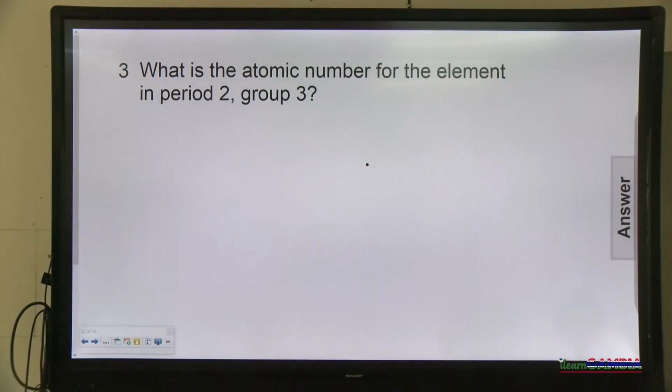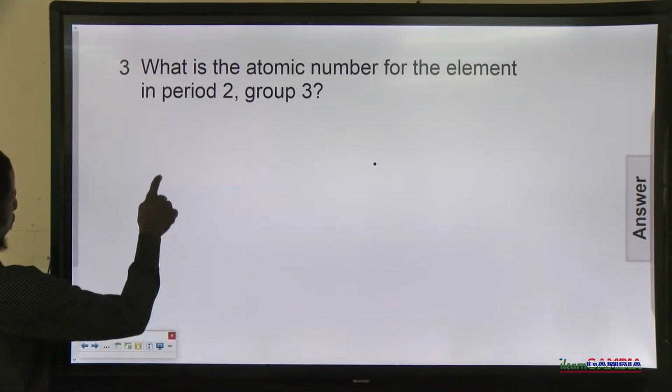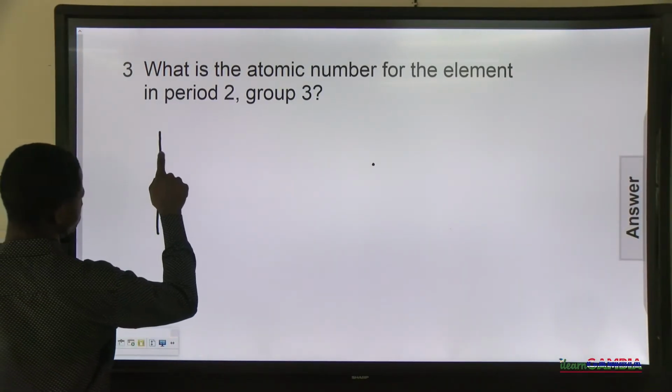Next, the atomic number for the element in period 2, group 3. So looking at this question, we first have to know how the periodic table looks.